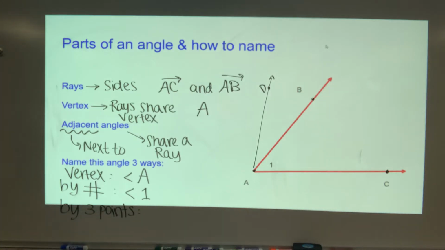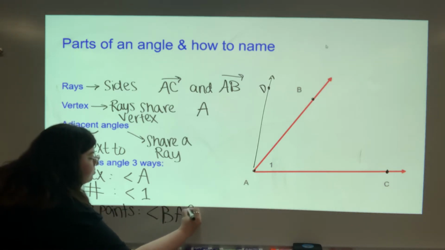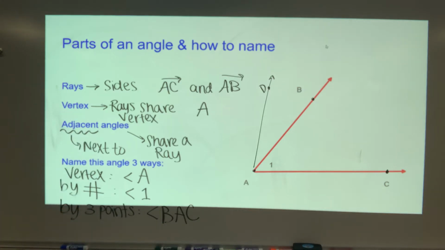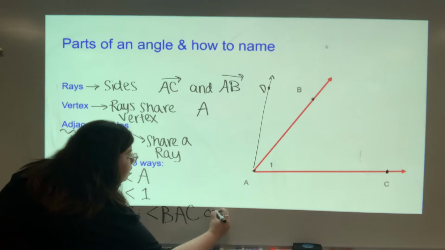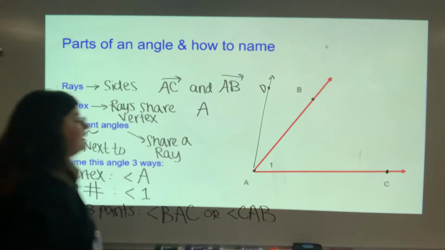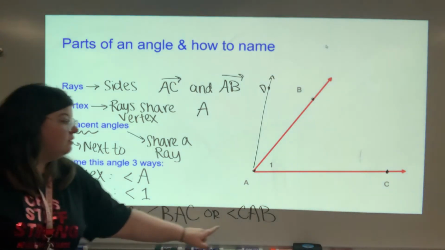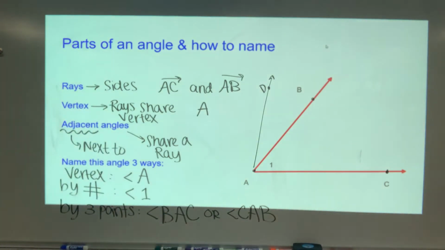Here I'm going to say angle BAC. We could also name it angle CAB. It's the same thing as long as that middle letter is the vertex, all right?